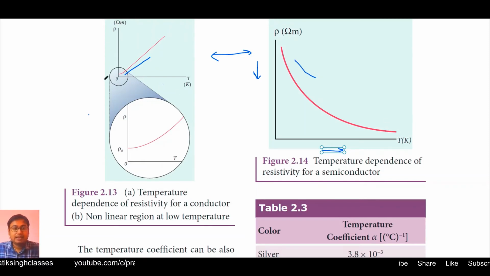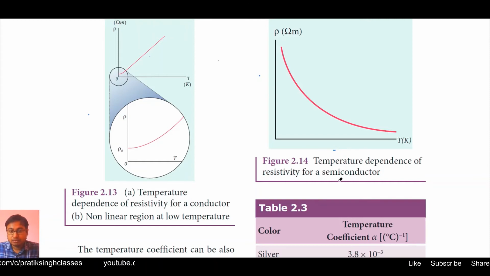In conductors, after a certain region, when the temperature was increasing, the resistivity of the conductor was increasing linearly. But in the case of semiconductors, when the temperature is increasing, the resistivity of the given material is decreasing, and these types of materials are called thermistors. So always keep in mind this difference between conductors and semiconductors. It can be asked in 1 mark or 2 mark questions.